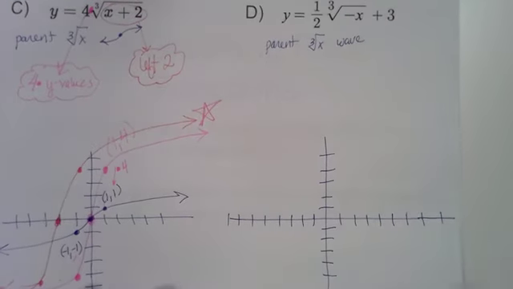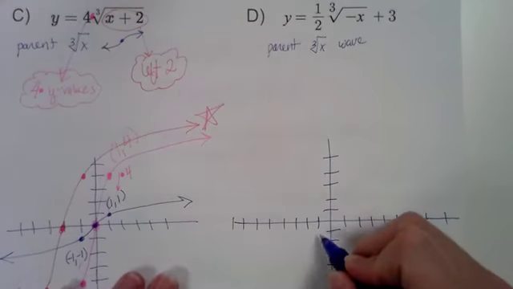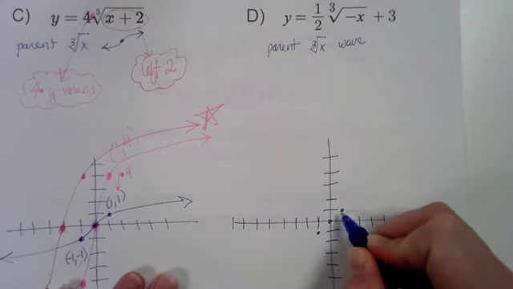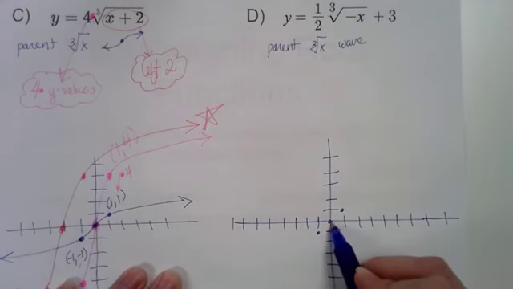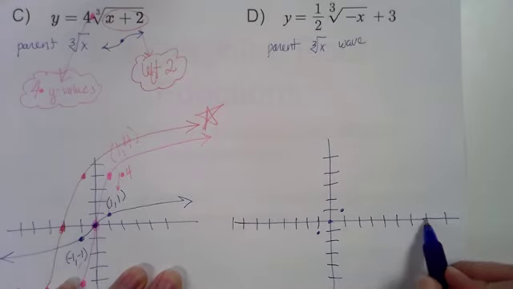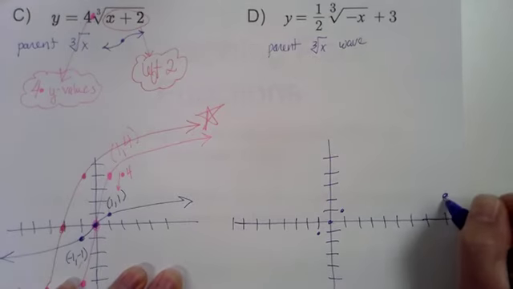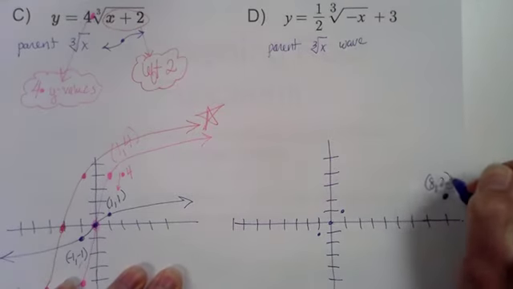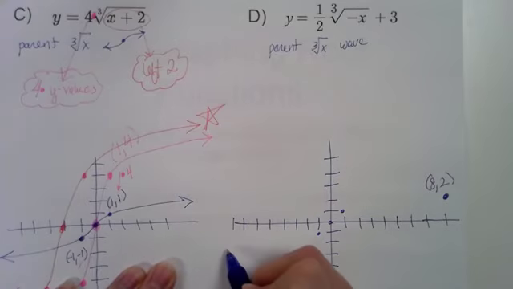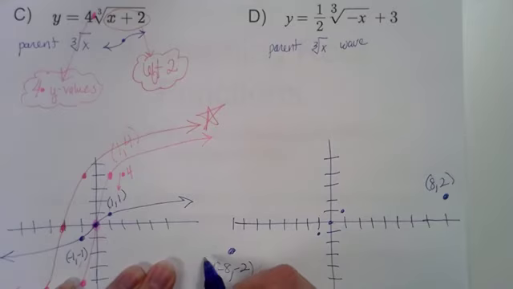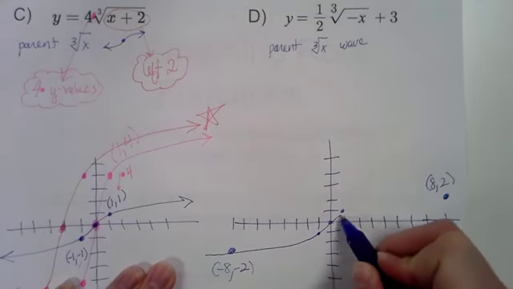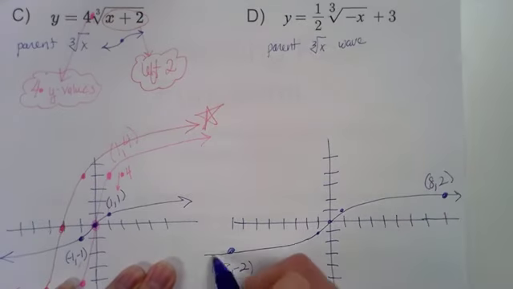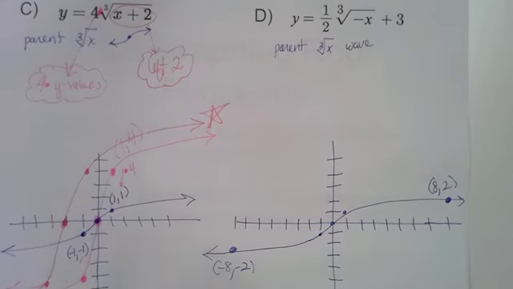Again, we've got some points in a row, and on this one, I've got my 3 dots in a row, but I also have 8, 2 as a point on the graph. I'm going to label that one 8, 2, and negative 8, negative 2 on that wave function.